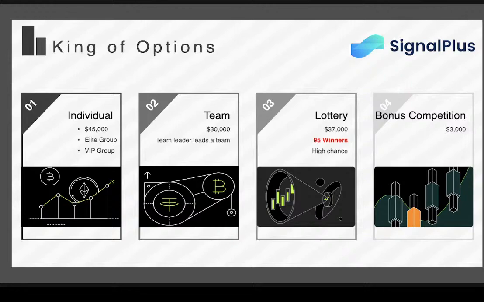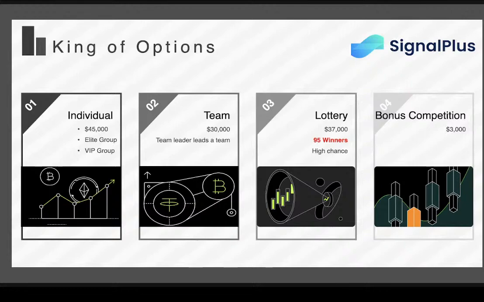To join the elite group, you need more than 100K USDT worth of assets in your OKX account. If you have less than 100K USDT of balance in OKX, it doesn't matter. It's still okay. You will still be able to join the VIP group to earn up to 5K of prizes.